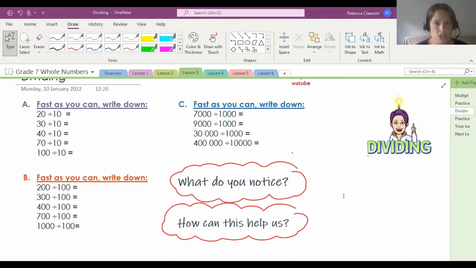Remember, when you've finished, you just type done in the chat. A, B, and C, and see if you can spot the rule.